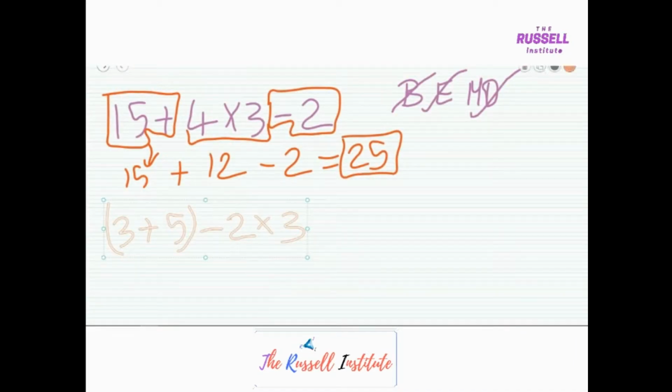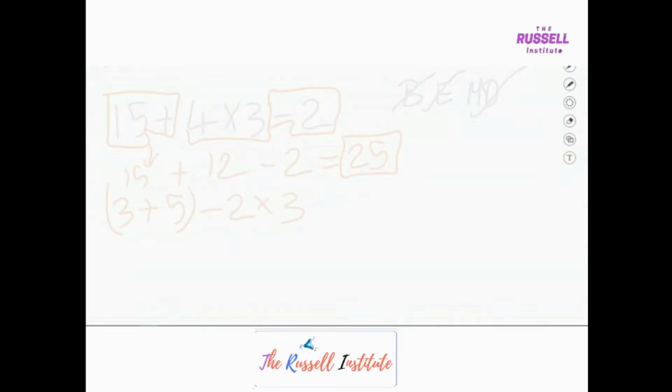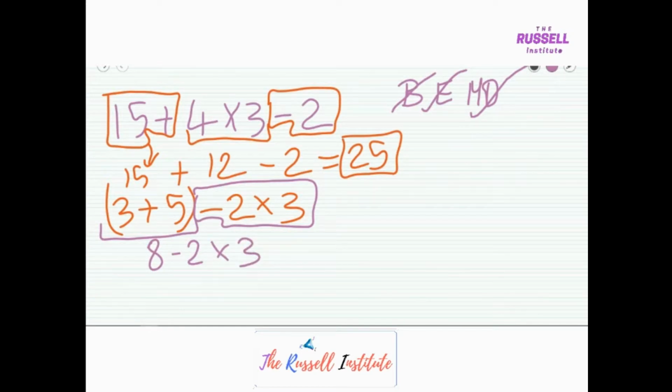So, we have 3 plus 5, and then we're going to subtract 2 times 3. What do I do first? Well, brackets always come first, right? So I need to take care of my brackets first. 3 plus 5, that's 8. What did I not use? I didn't use any of this. So let me put it back. Take away 2 multiplied by 3.